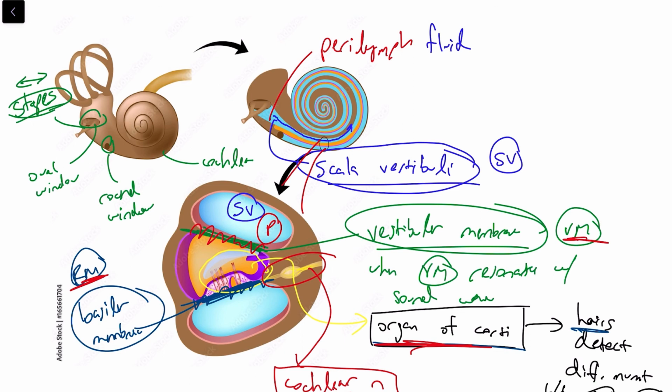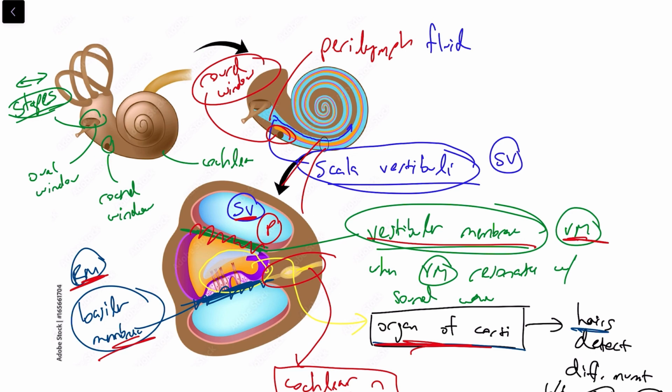And so the important thing to note here is that once these sound waves have propagated through the scala vestibuli and that vestibular membrane, and they've also traveled through that basilar membrane, they travel all the way back out to here, and right here is called the round window, and this is what relieves that pressure wave.